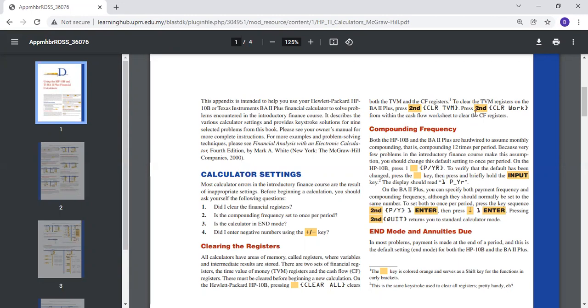Can you see it? Yes. So whenever you press the second function and then FV, you're actually pressing clear TVM. You need to do this every time you want to start a new calculation. Let's say you already calculated one question, then you want to go to question 2. You have to press this first and clear the one you did before you do the new one. Very, very important.